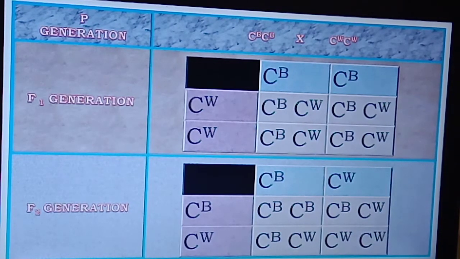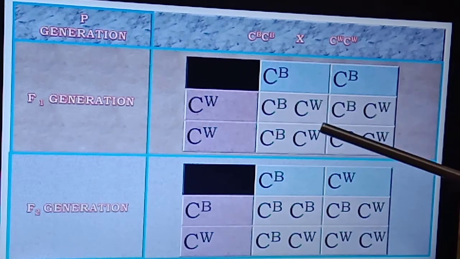The color of the father is black. The color of the mother is white. So in the P generation, the black chicken is crossed with the white chicken. In the F1 generation, these parental chickens will have all blue chickens, as you can see in the Punnett square.